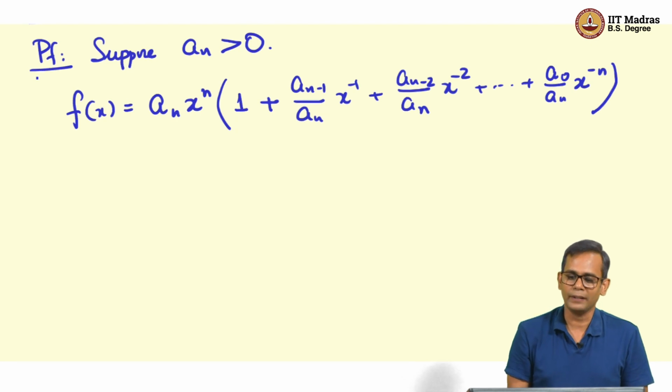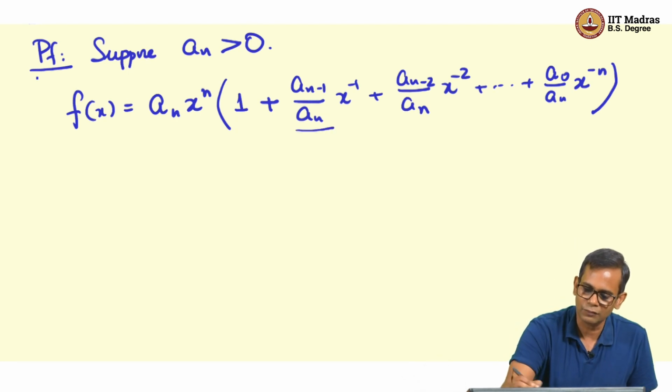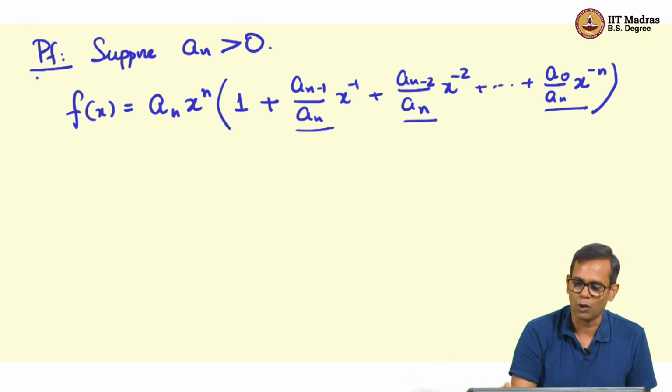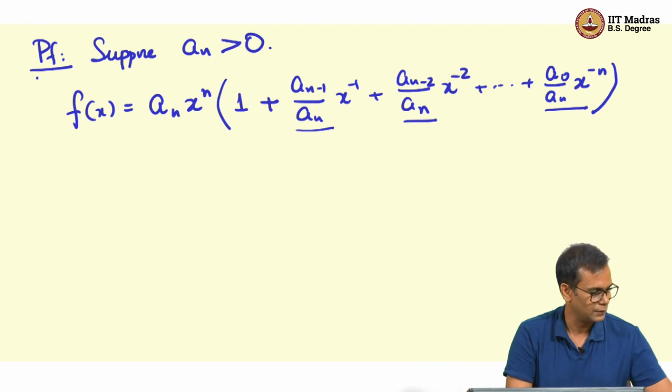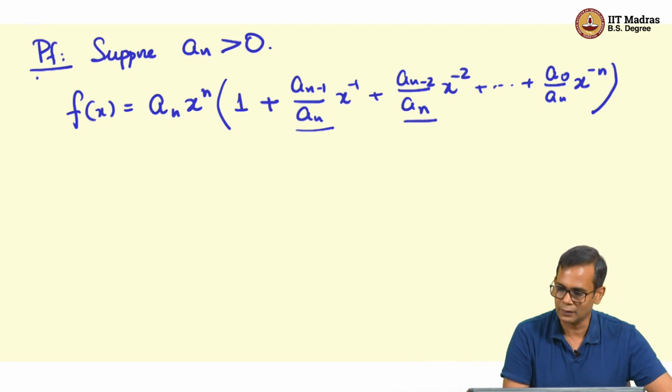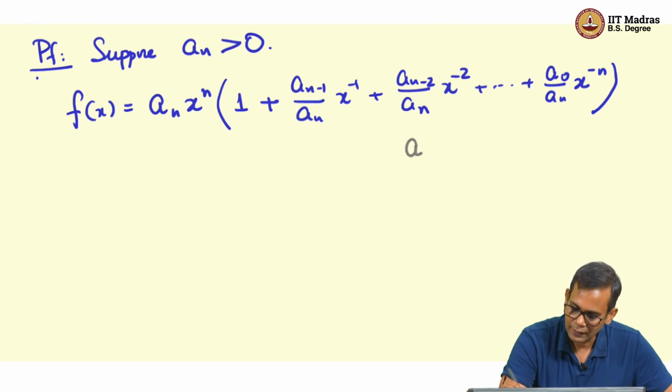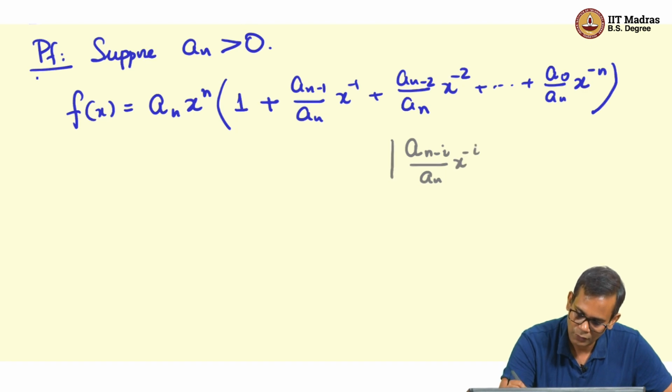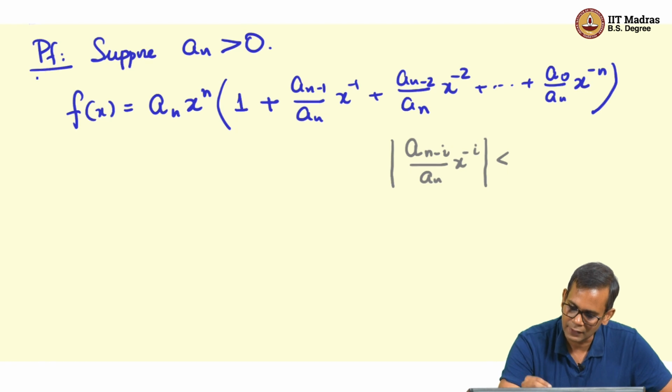So, what I am going to try to do is make each of these terms very small by choosing x to be large. So, let us do some rough work here. I want a_{n-i} divided by a_n times x^{-i}, I am going to try to make this less than, say, well, there are n of these terms.